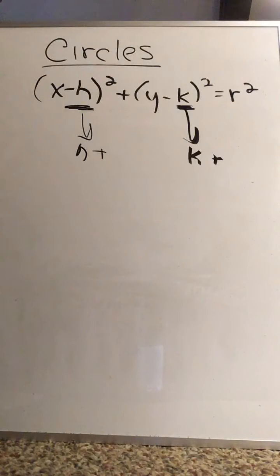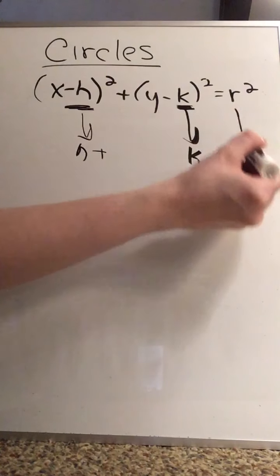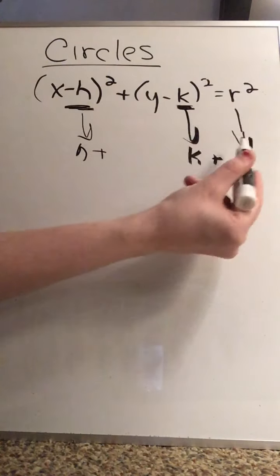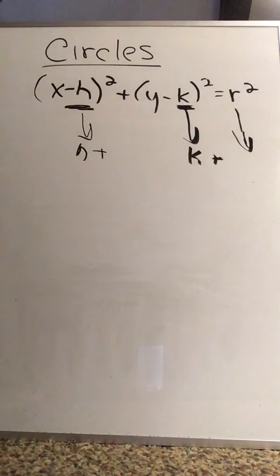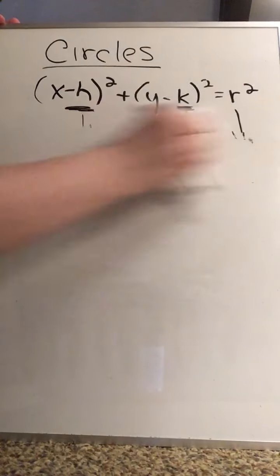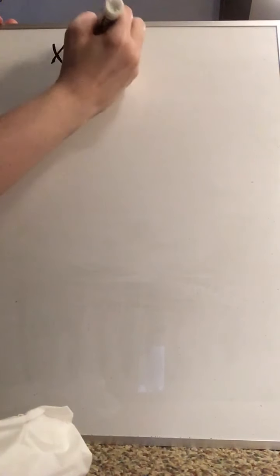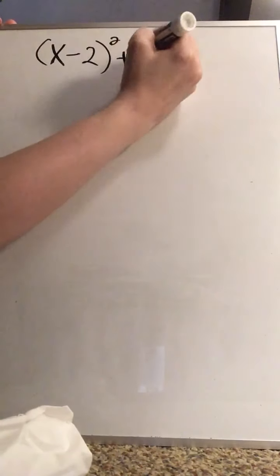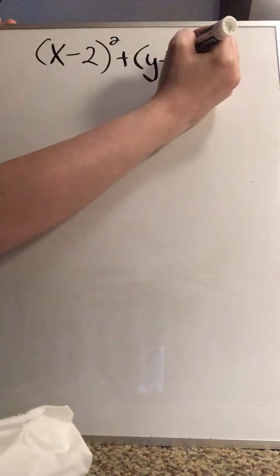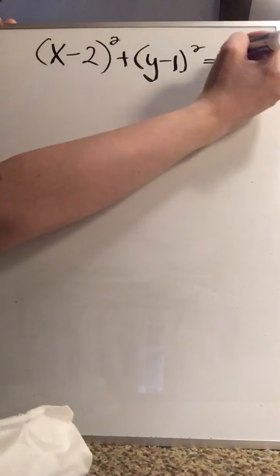Okay, so I'm going to give you an example real quick of an equation, and we're going to find the center of it, and of course radius would be the square root of this last number here. Okay, so let's say you had a circle (x minus 2) squared plus (y minus 1) squared equals 4.